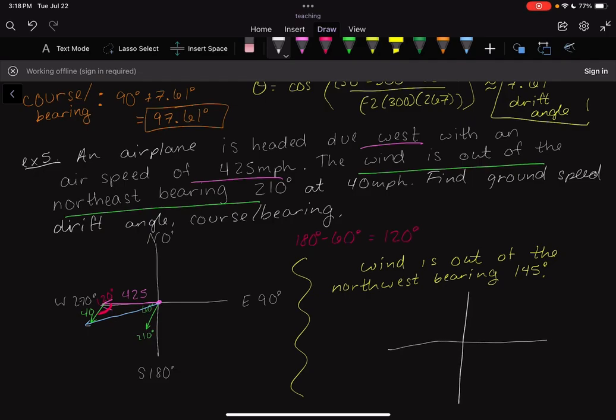I'll draw again what we're seeing happen. So we got north 0. Plane still going this way. But now it's coming out of the northwest. So it's coming out like this way. So my angle here is 145.